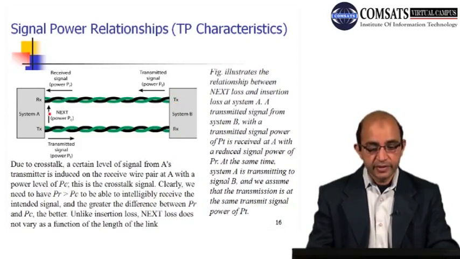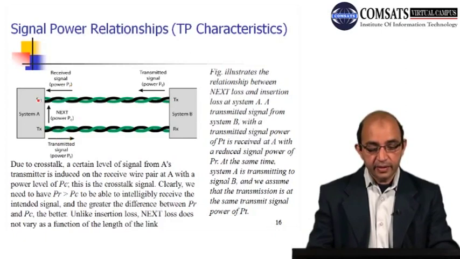This is system A and system B. This is the transmitted signal, the power of the signal is PT, and here we have the received signal, whose power has been reduced, so we have mentioned PR, reduced power.